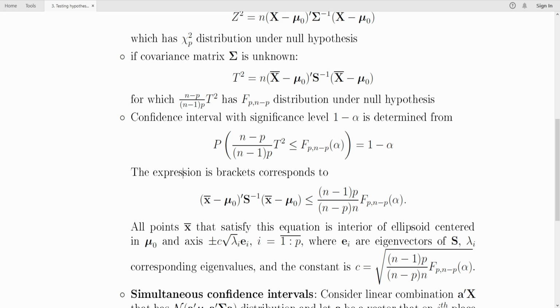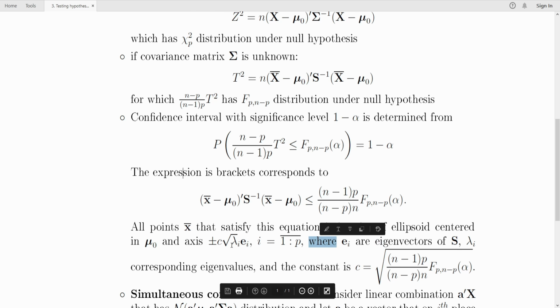So our confidence region for the mean, when we have this normal distribution, is this ellipsoid that is determined for all such values mu that satisfy this inequality. If we start with our center x̄, this is an ellipsoid centered in x̄, then we can find the axes of this confidence ellipsoid. They are plus minus c times the square root of lambda, our eigenvalue corresponding to this eigenvector e, where our constant c is determined like this.